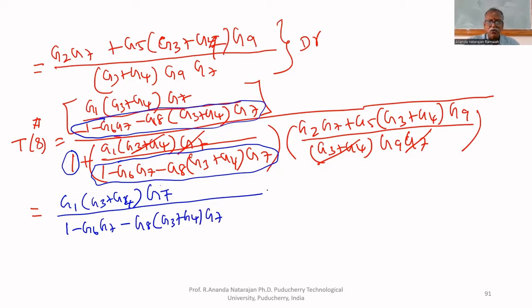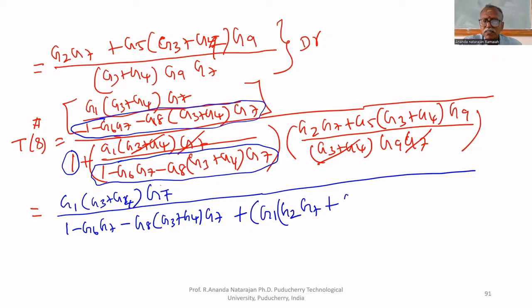So we are writing for 1 alone, plus G1, only there, then G2, G7 plus G5, G3 plus G4 into G9. This G9 and G9 we can cancel, so that G9 can be written here and the G9 can be cancelled.